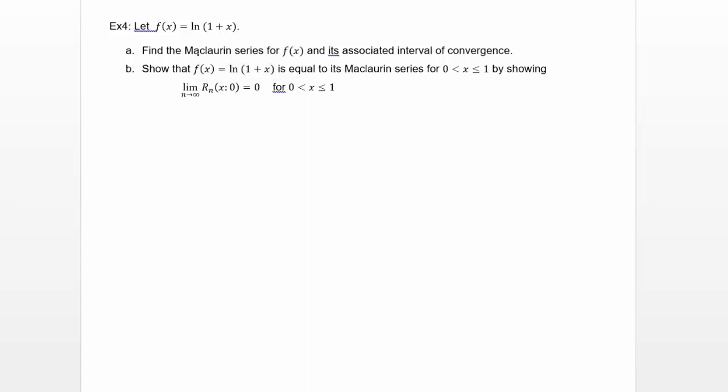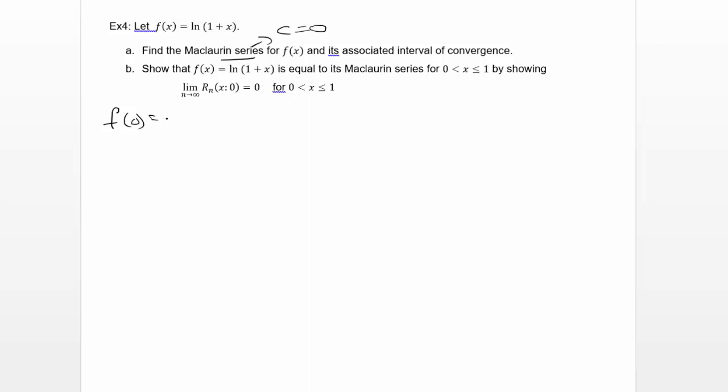Let's see. So if we're going to write a Maclaurin series, we better be able to come up with a rule for how we're creating terms in this polynomial along the way. And it's not exactly clear how to do it here, so maybe we'll collect some data. We know if we're going to write a Maclaurin series, or a series centered at 0, then we need to know the value of this function at the center.